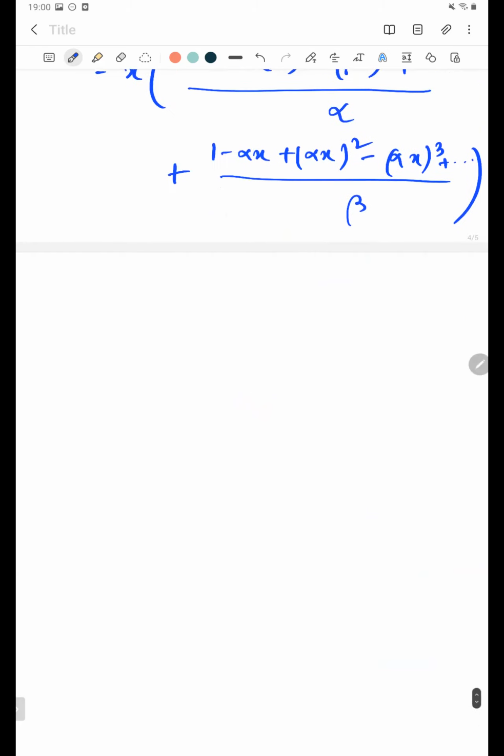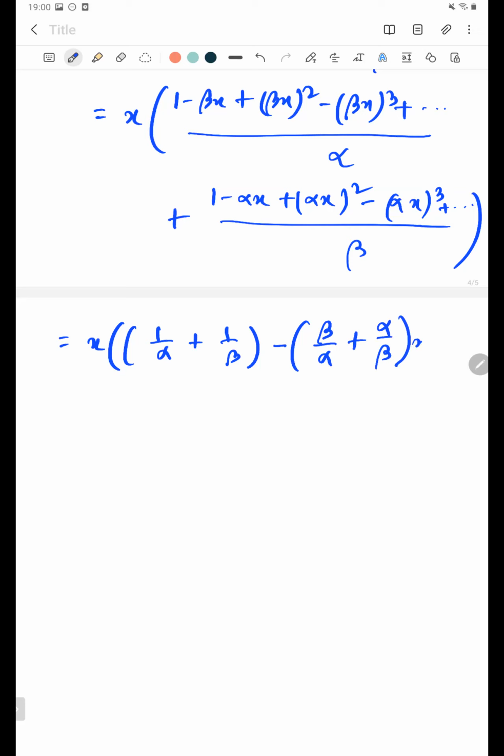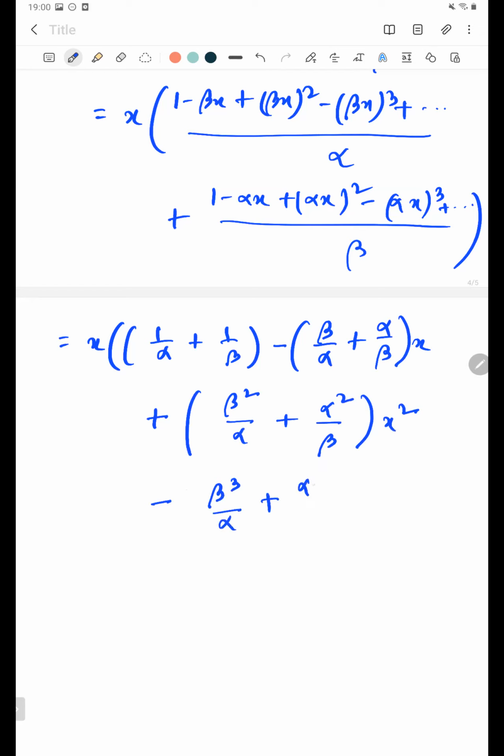Now this equals x into 1 by alpha plus 1 by beta minus beta by alpha plus alpha by beta x plus beta square by alpha plus alpha square by beta x square minus beta cube by alpha plus alpha cube by beta x cube and so on.